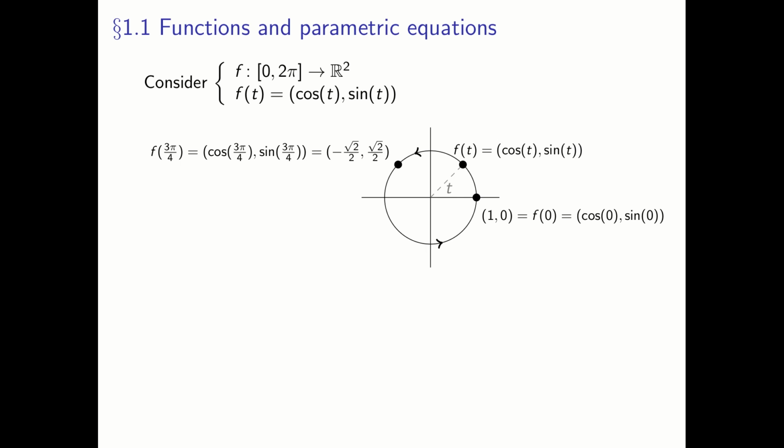Now, you probably studied trigonometry at one point in your life, and when you did, you studied the unit circle. And what was the unit circle? Well, you looked at the angle that you wanted to compute the sine and cosine of, and then you looked at the coordinates of the point right there, and the x-coordinate was cosine, the y-coordinate was sine.